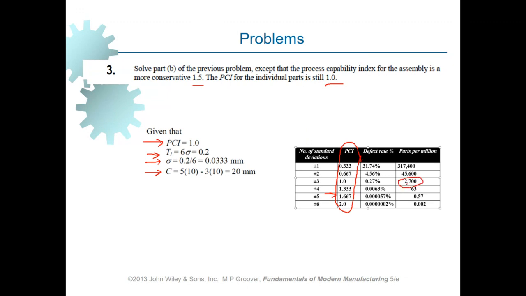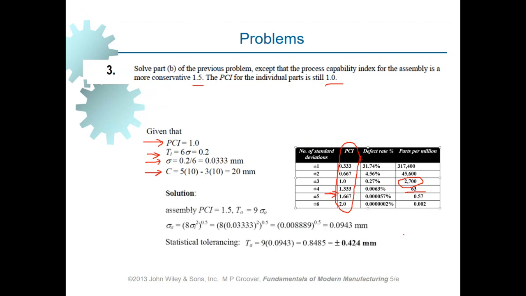If PCI is equal to 1, the number of scrap parts in 1 million is 2,700. For 1.5, it is less than 63 because it is sitting somewhere here. So it will be less. And then we've got to just do the computation as I explained.